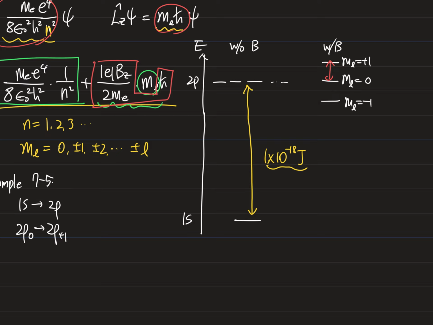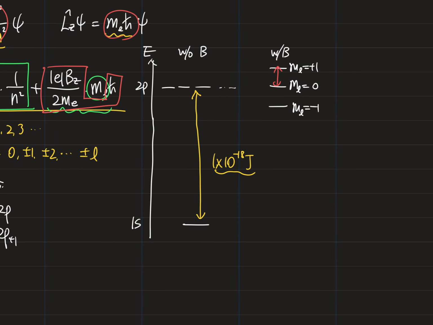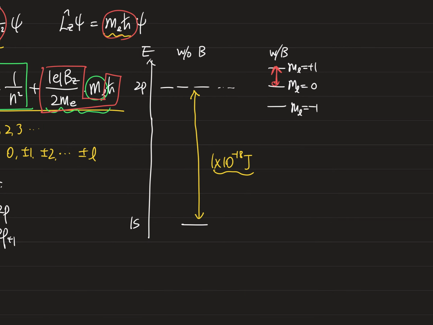I just want to give some impression of the number scale. And the energy difference due to the magnetic field is like 10 to the minus 24 joule. So compared to this main transition, the splitting by the external magnetic field is quite small, right? It's a 10 to the 6 times difference.